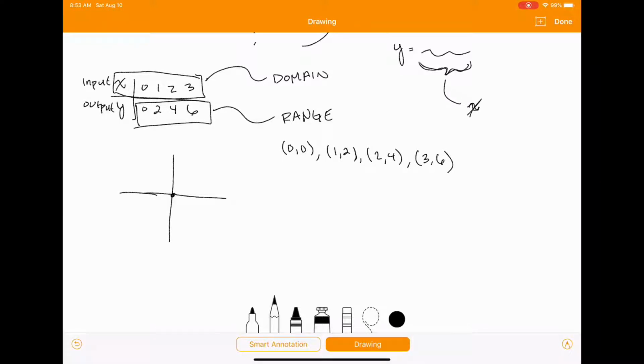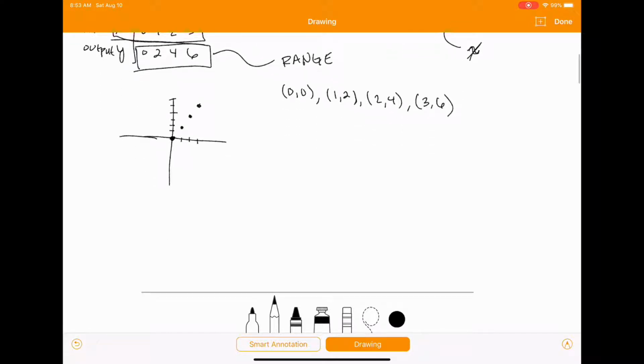So 0, 0's here at the origin, 1, 2, 2, 4, 3, 6. All right, and that's going to be the graphing of this particular function or relation.